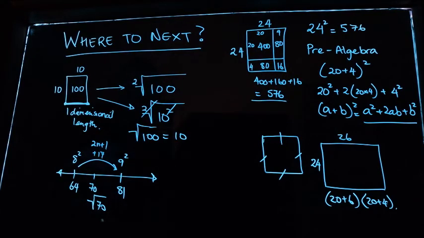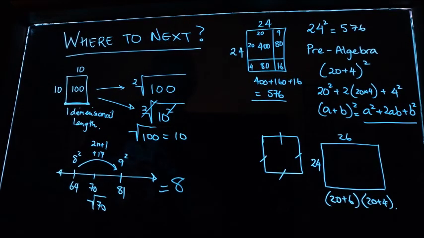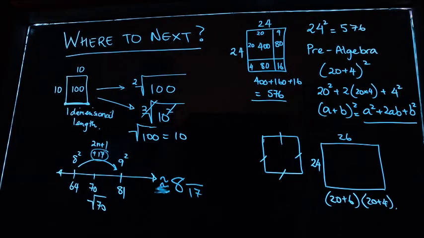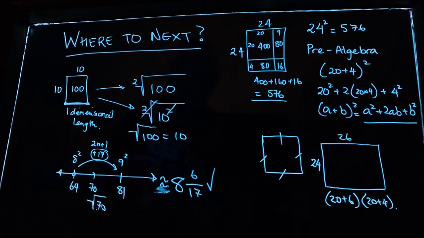So I know 70 is between these two squares, and I can roughly think about the square root of 70 as approximately 8 and 17 on the denominator, which come from this number, and then I think about the distance from 64 to 70, and that's 6 on 17.